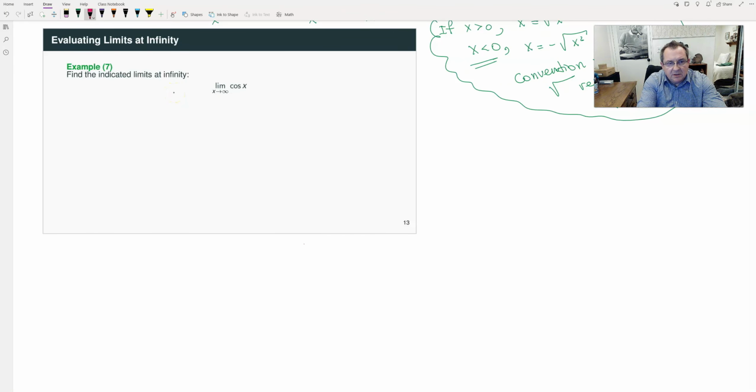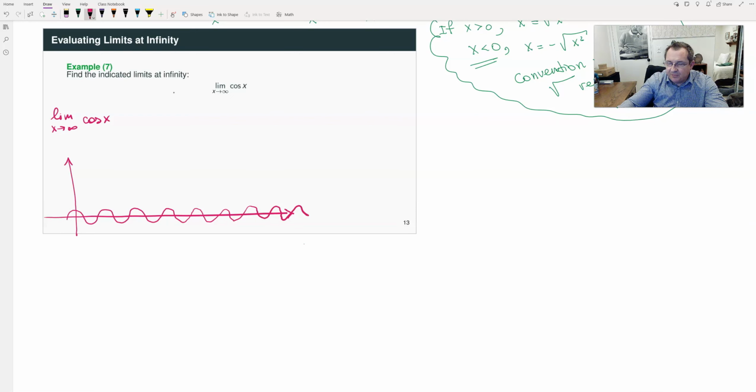Let us consider an additional example. Limit as x approaches infinity of cosine x. We can take a look at the graph of cosine, and we notice that cosine is a periodic function, and it is repeating itself again and again, all the way to infinity.